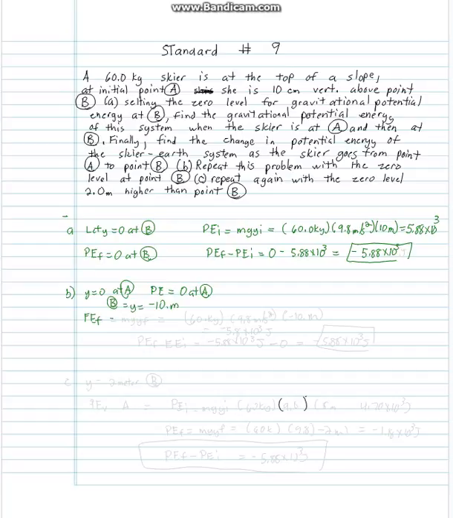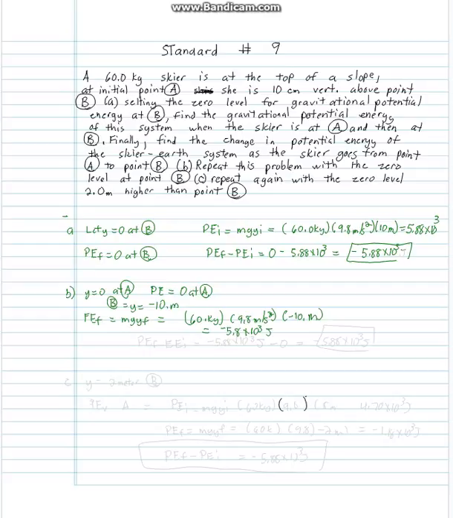PE final equals mass times gravity times Y final, so if we substitute our numbers, we get 60 kilograms times 9.8 meters per second squared times our negative 10 meters. We end up getting a negative 5.88 times 10 to the third joules.